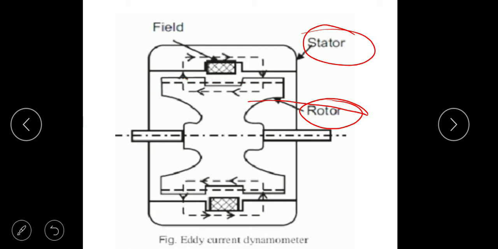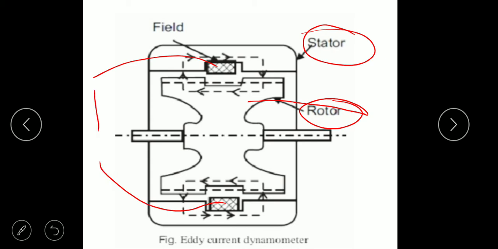Now what will happen? In the initial condition the rotary member is in a steady position; it is not rotating. Now if we supply current to these coils, what will happen?